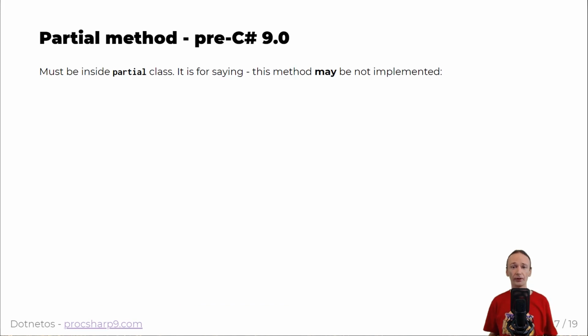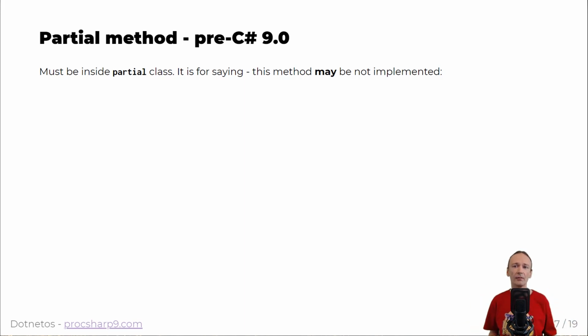Okay, so we have covered partial types like partial class or partial struct, and now let's move to the partial method thing. And partial method is maybe something a little bit confusing, because while we are describing partial class, it is pretty easy to understand the concept. We have several parts of the class and it's all merged into one class.